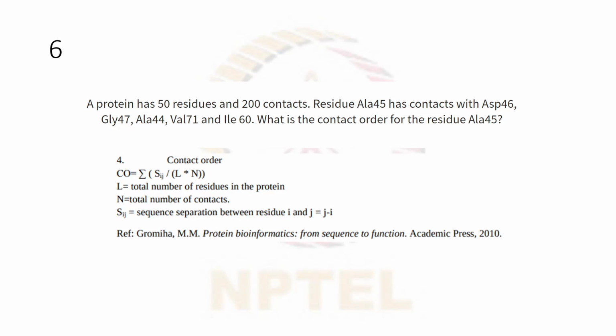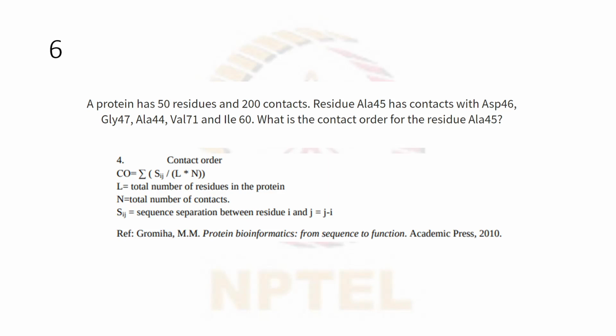It's a value that is widely used in current day prediction models of protein stability or protein binding affinity with other ligands or with other proteins, with carbohydrates and everything. And this particular feature has been developed by Professor Michael Gromiha, and several other details are available in the textbook Protein Bioinformatics: From Sequence to Function.